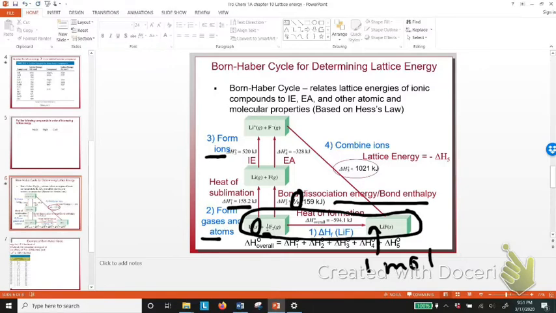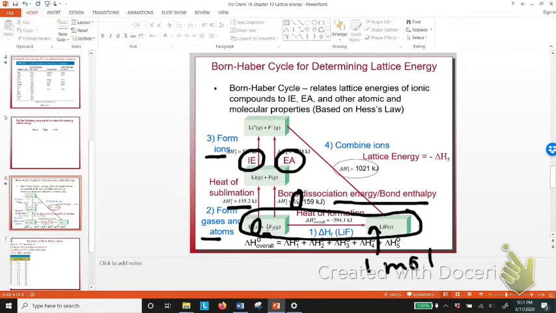Remember, the energy involved in losing an electron is called the ionization energy. Now for fluorine, we're going to turn it into an anion, so it's going to gain an electron. The energy involved with gaining an electron is known as the electron affinity. You'll be given all of these values that we're talking about, except for one of them.